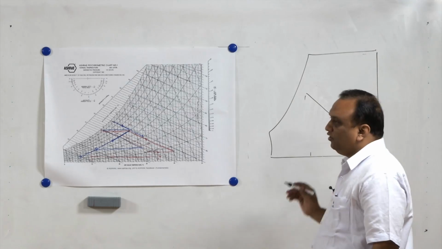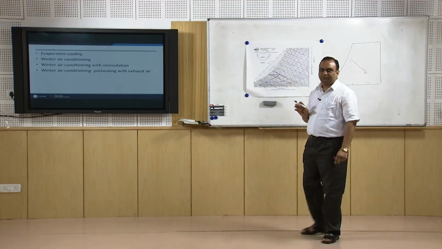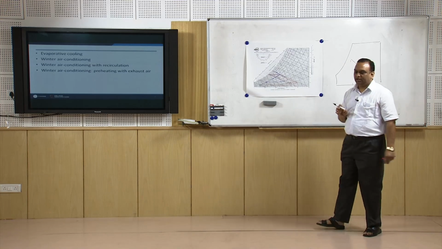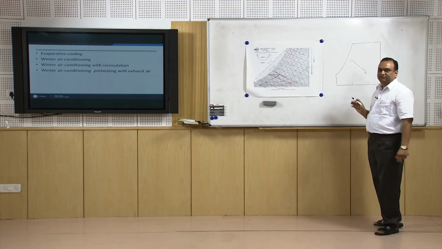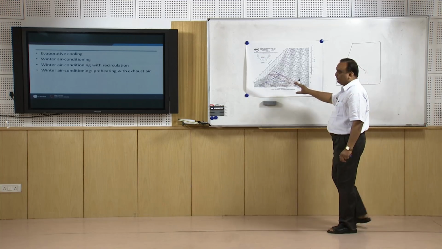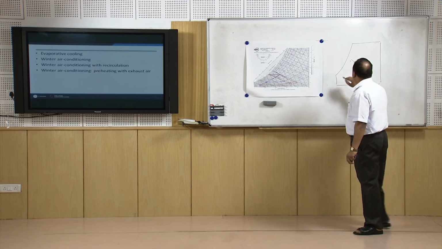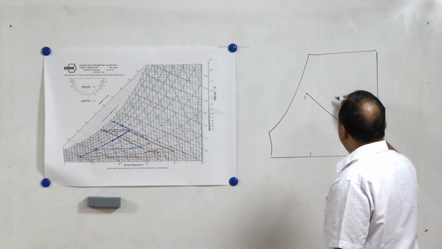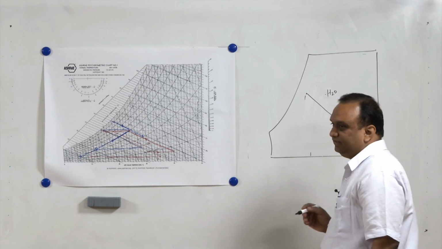Now, adiabatic dehumidification is done with the help of chemicals. These chemicals absorb water vapor, and the water is associated with these chemicals, like silica gel.